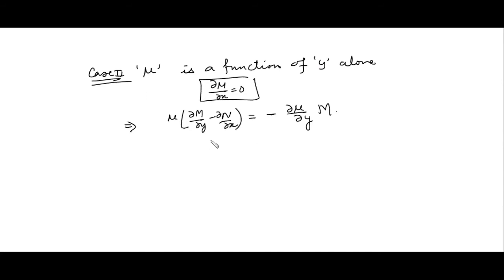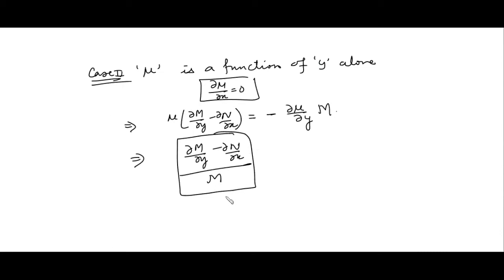Now we can separate the variables, provided (∂M/∂y − ∂N/∂x) divided by M is a function of y alone. Only then we can integrate this side with respect to y, and we can club dmu by mu with a minus sign.